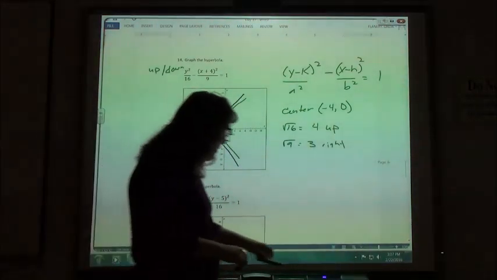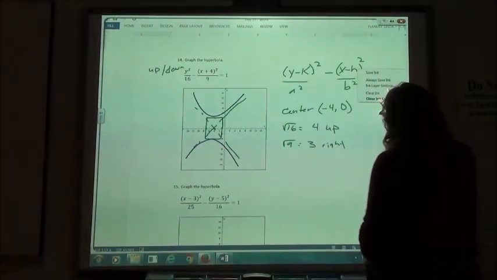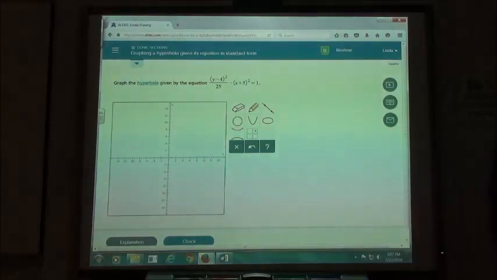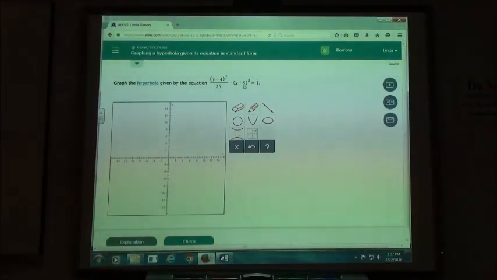So again, if I hop over to the Alex program, notice on this next one, the y is first. So my center is going to be at -5, +4. The x first and then the y.